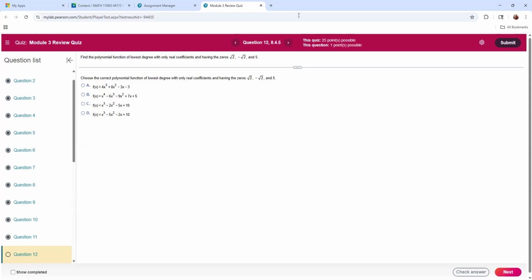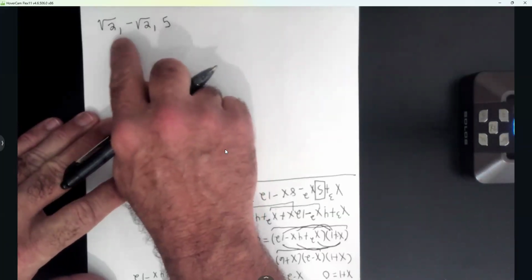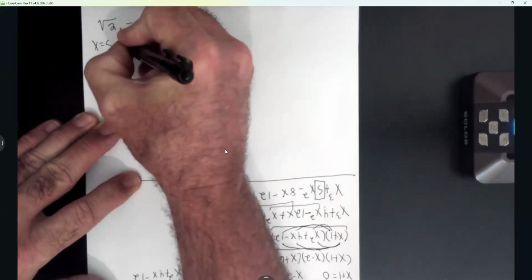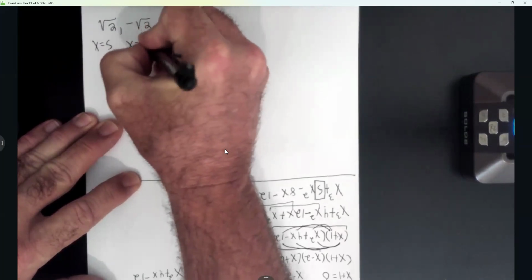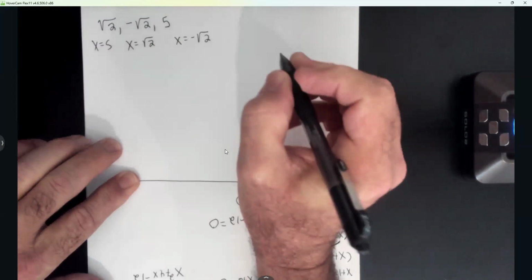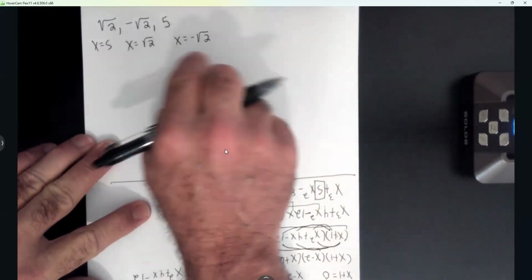So y'all, let's go start foiling this out. Alrighty. So usually when I do these, I put the numbers first and then the radicals. So I'm going to put x equals 5, x equals square root of 2, x equals a negative square root of 2. And I'm going to do the same thing I did on the last problem. I'm moving everything over by changing their signs.